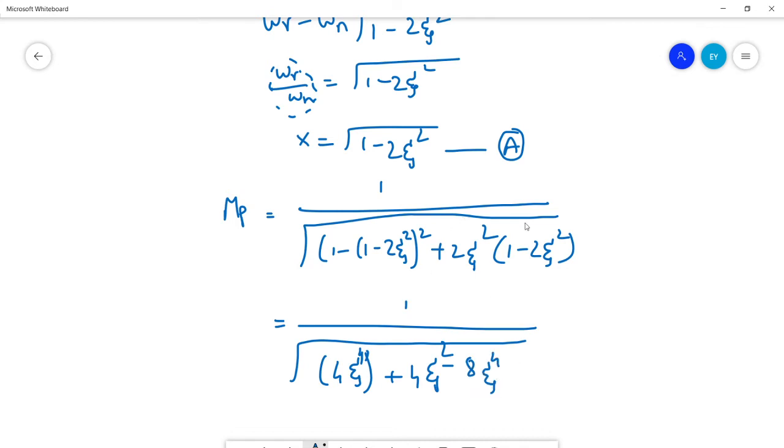Once you simplify, this is a simple expression where you can use a minus b whole square. Just compute the zeta power 4 terms separately, zeta square terms separately, and constant terms separately, right? So this is how you get the expression for MP.